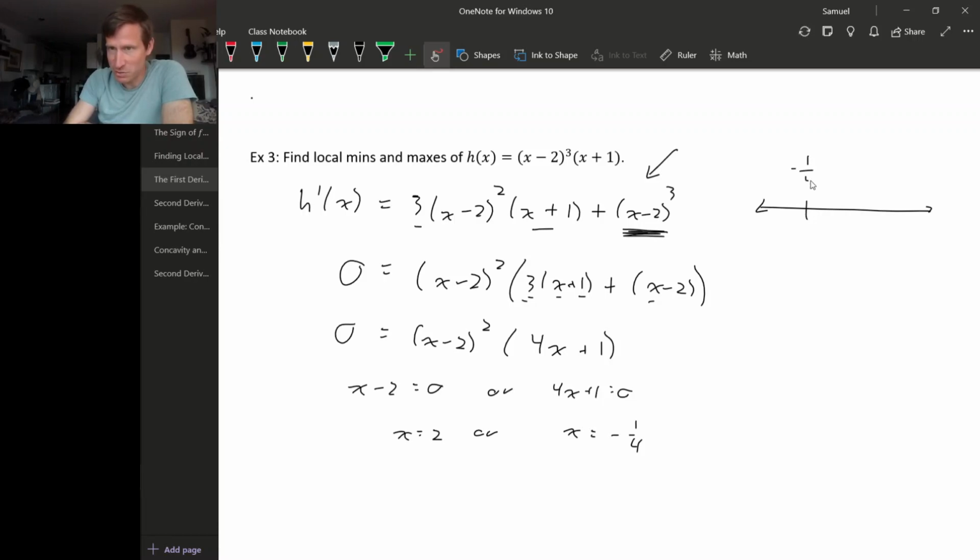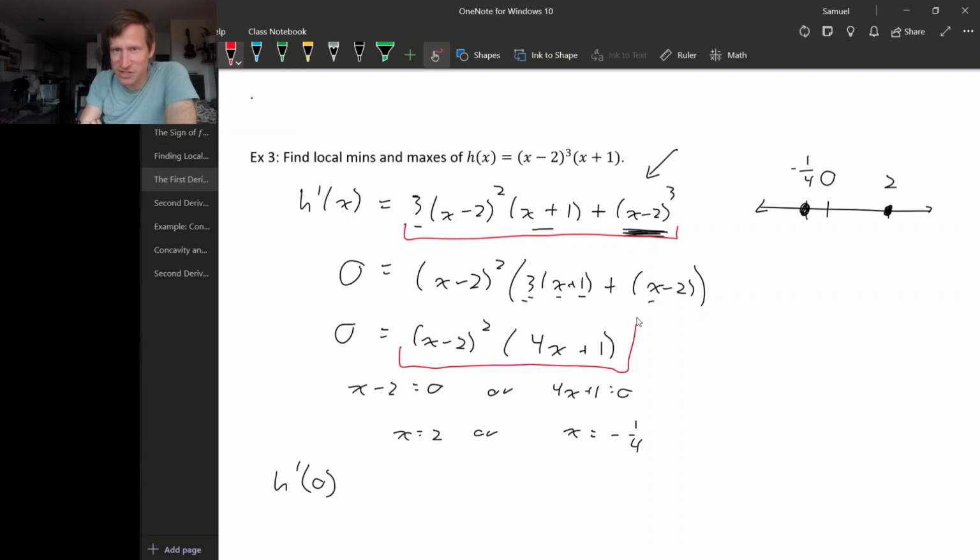So on our sign chart, we can put minus a quarter and 2. And now we can start plugging in some test values. So we could plug in 0. So h prime of 0. We have to plug our test values into this formula here, which is the same as this right here. So let's actually use this one. When we plug in x equals 0, we're going to get minus 2 squared times 1. So that's going to be 4. That's positive.